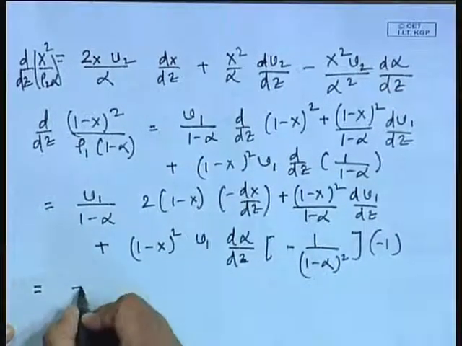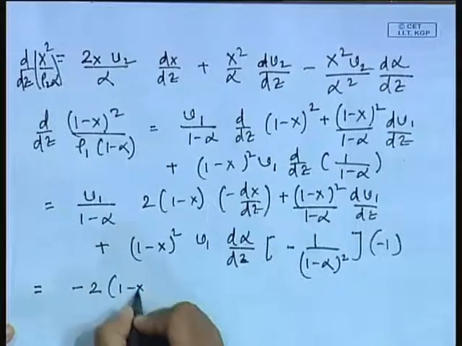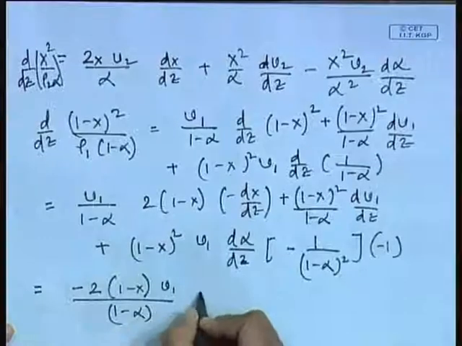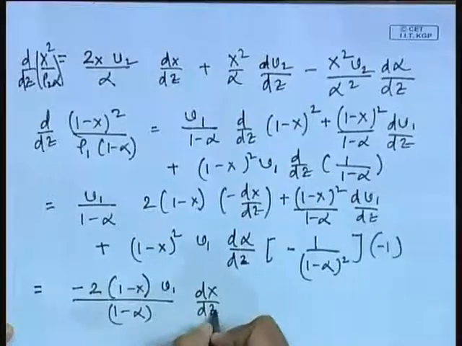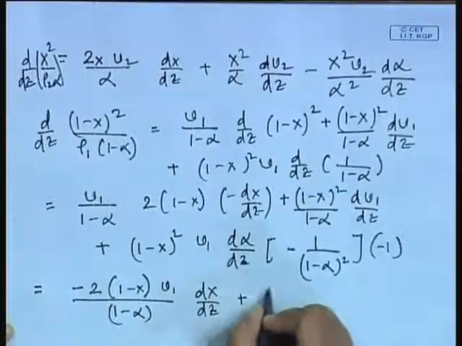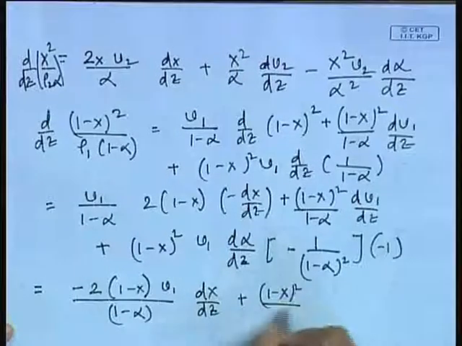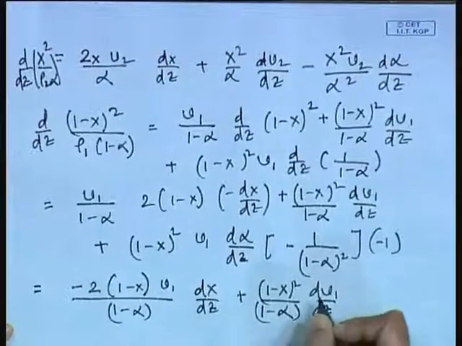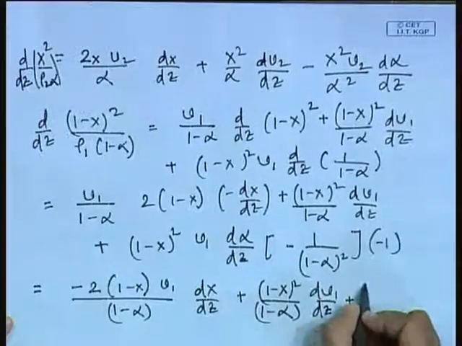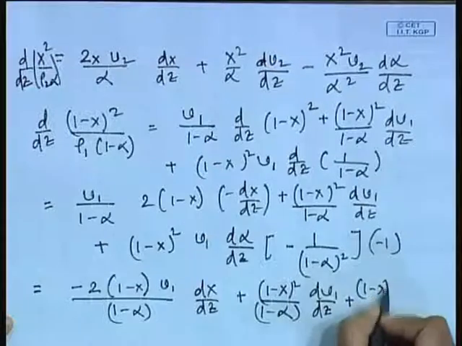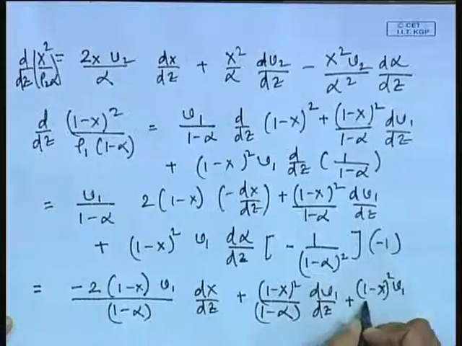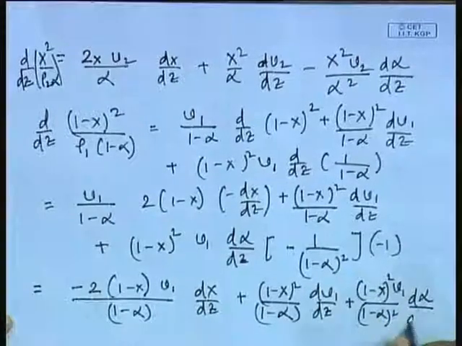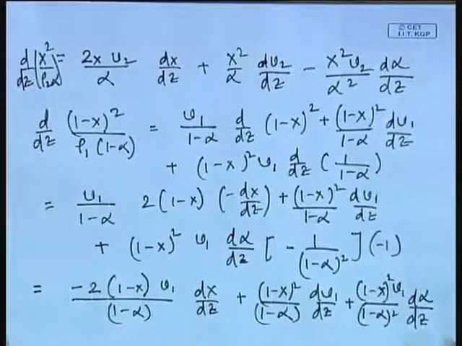So, this gives you minus 2 into 1 minus x v1 by 1 minus alpha dx dz plus 1 minus x whole square by 1 minus alpha dv1 dz plus 1 minus x whole square v1 by 1 minus alpha square d alpha dz. Correct.